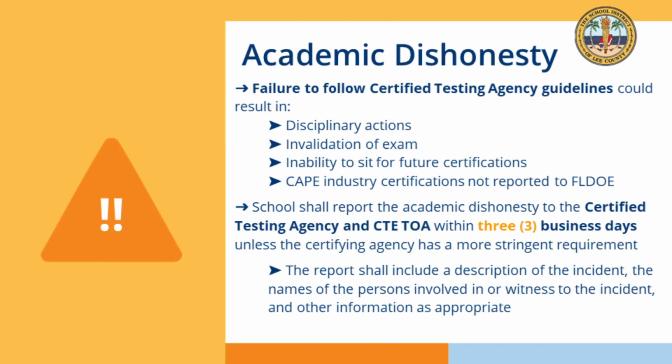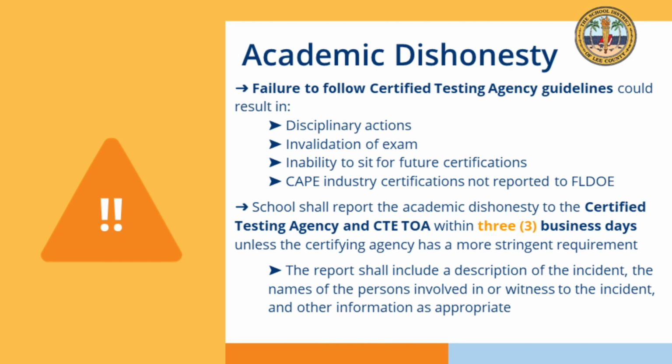Whether you're the teacher or a student taking an exam or a proctor watching someone, failure to follow certified testing agency guidelines could result in disciplinary actions, invalidation of exams, the inability to sit for future certifications, and it could also result in the loss of CAPE industry certifications being reported to the DOE.